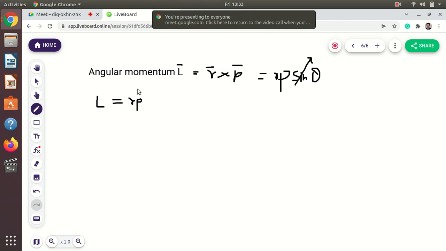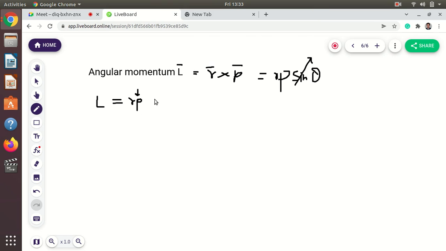So what is P? This is linear momentum and we write this as m into v. So the magnitude of angular momentum is R m v.